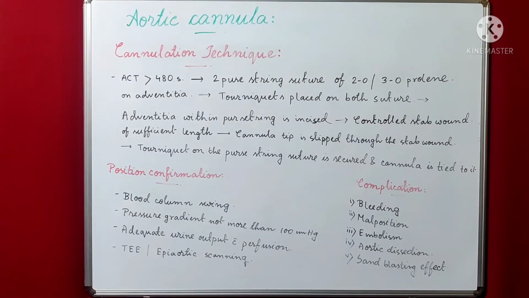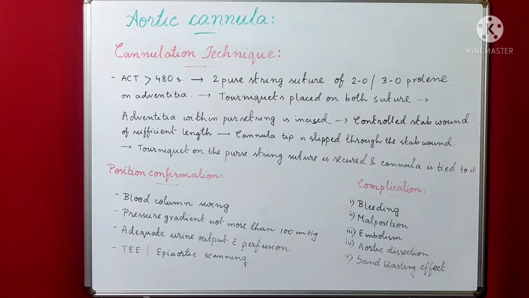Next, as I have mentioned earlier, the tip of the aortic cannula is usually made of hard plastic or metal, so that it can easily penetrate the aortic wall. So the tip of the aortic cannula is slipped through the stab wound inside the aorta, and usually it is done bloodlessly.